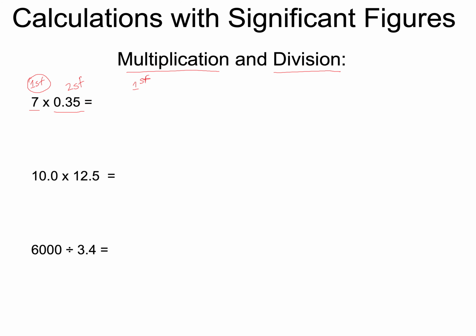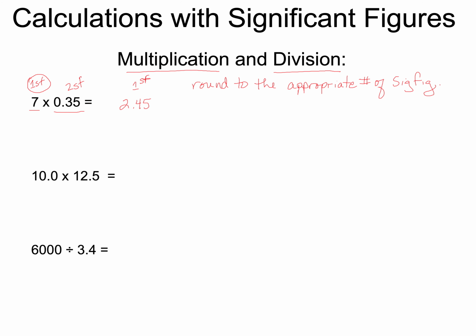So when you do your math, 7 times 0.35, in your calculator you'll get a value that looks like this, 2.45. Your calculator doesn't understand significant figures, so you're going to have to round to the appropriate number of sig figs yourself.